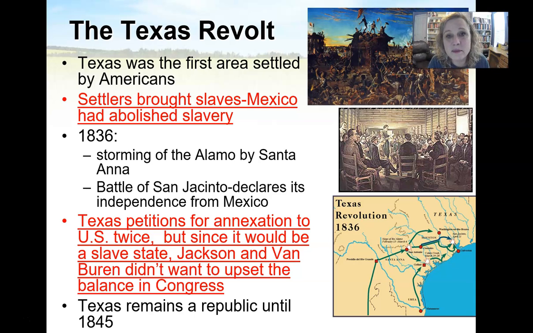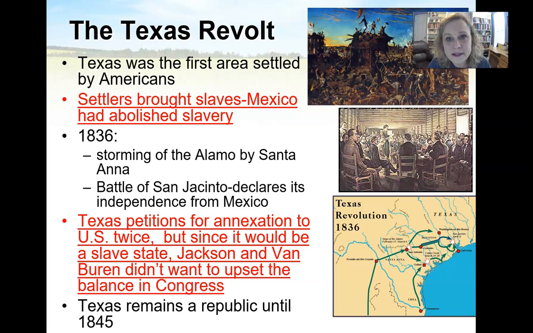Not very many people from Mexico were going up there and settling, and so they encouraged Americans to begin settling there. Now, they had outlawed slavery, but people brought their slaves anyway. We know this leads to a lot of conflict between Mexico and Texas, and very famously in 1836, Texas wins its independence from Mexico.